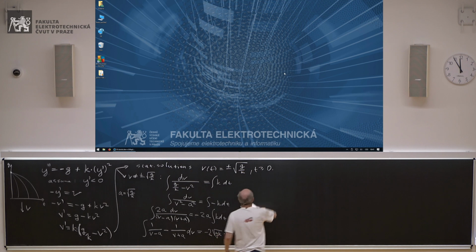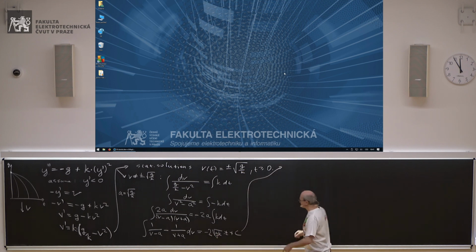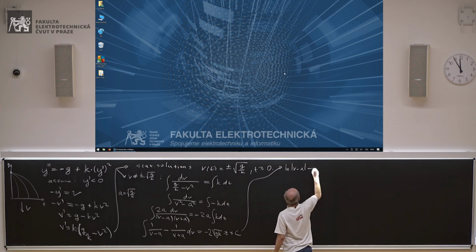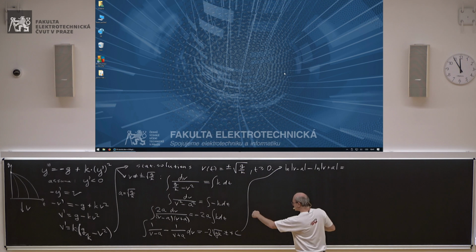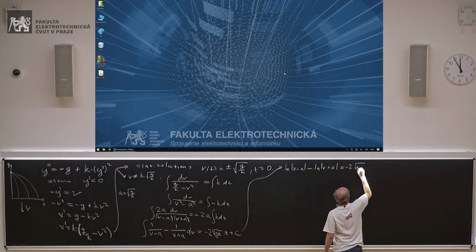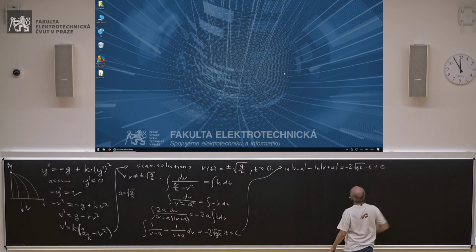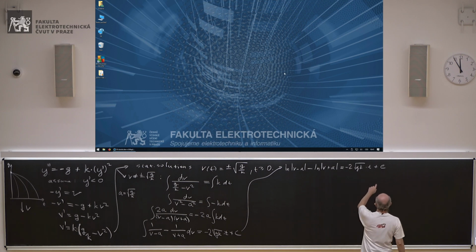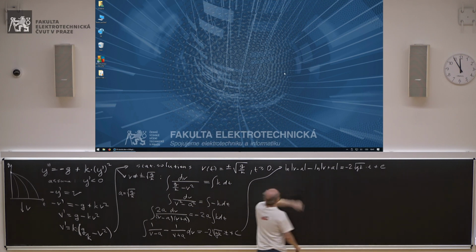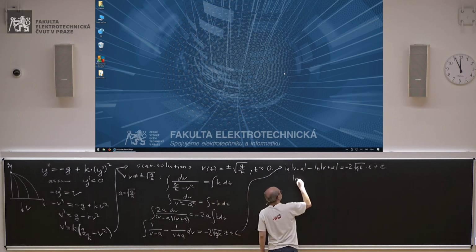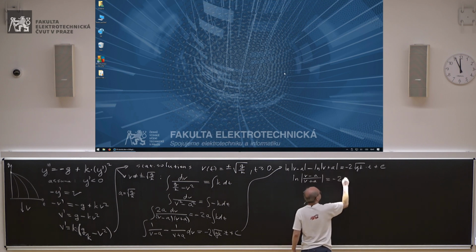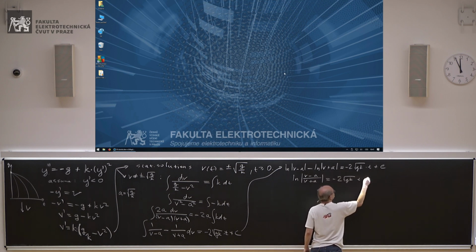Let's move on. This looks like a calculus review. Logarithm of v minus a minus logarithm of v plus a is equal to minus 2 square root gk times t plus c. Does it look familiar? The right hand side looks good. Okay, let's move here. Logarithm of v minus a divided by v plus a should be minus 2 square root gk and so on.